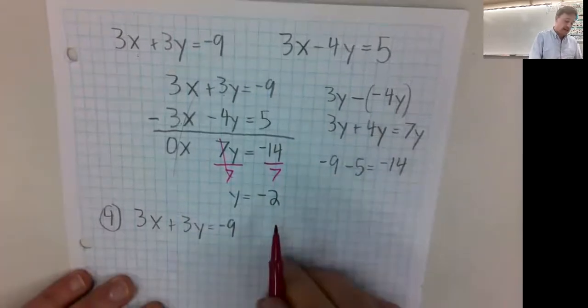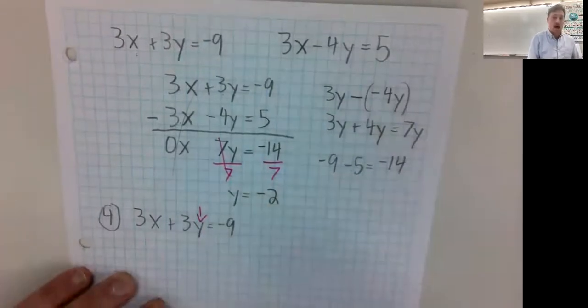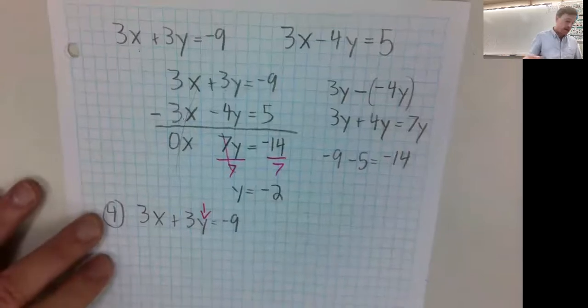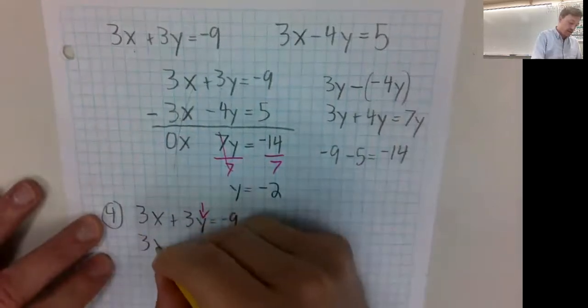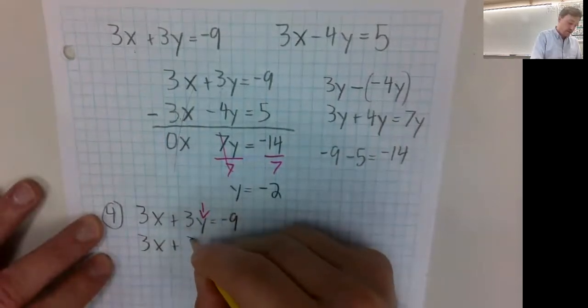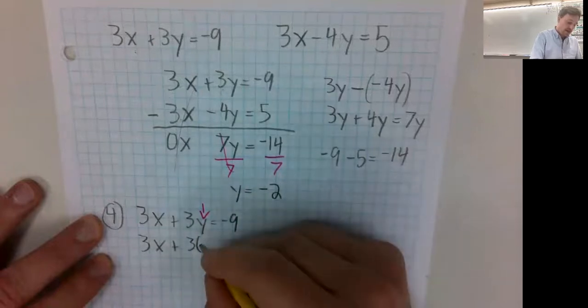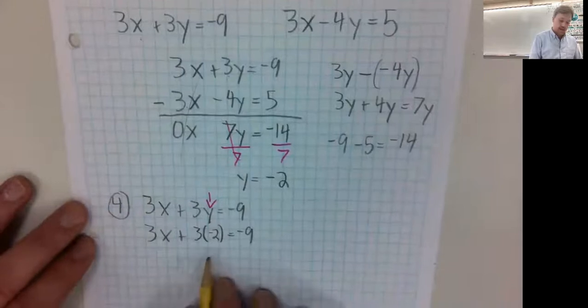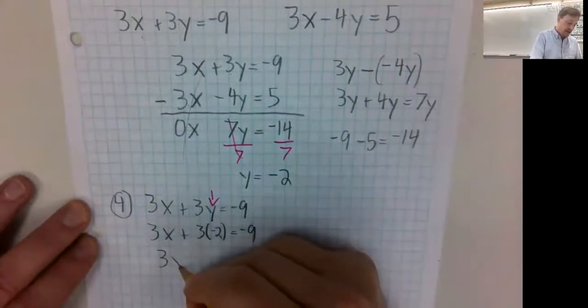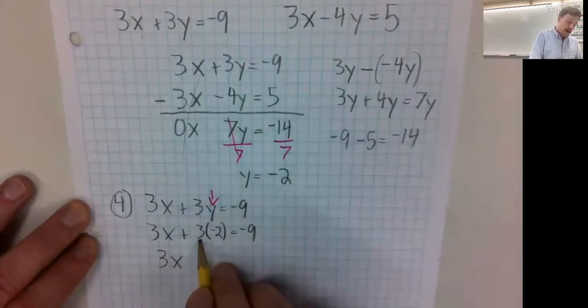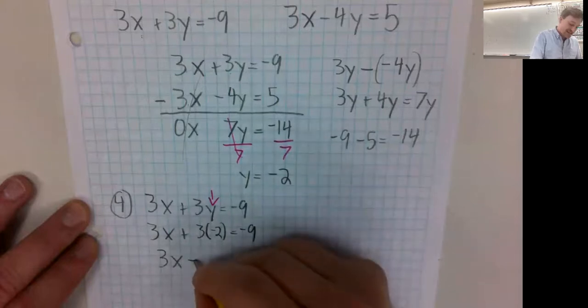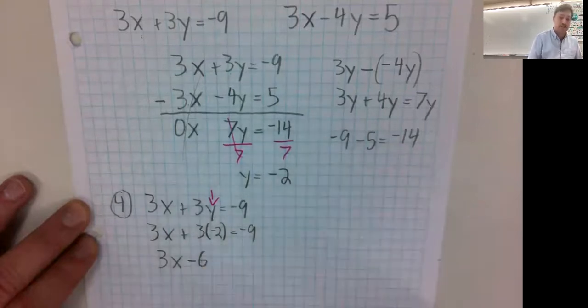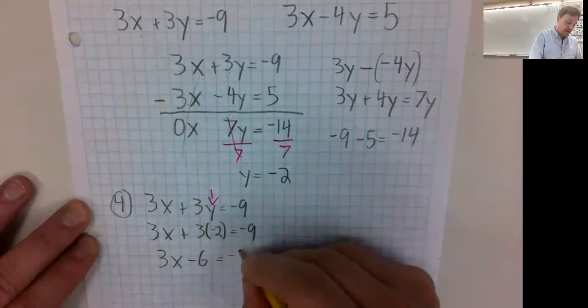I'm going to plug in a negative 2 for y here. Get 3x plus 3 times negative 2 equals negative 9. Let's clean this up. 3x, positive 3 times a negative 2 is a negative 6. So I'm going to say minus 6 equals negative 9.